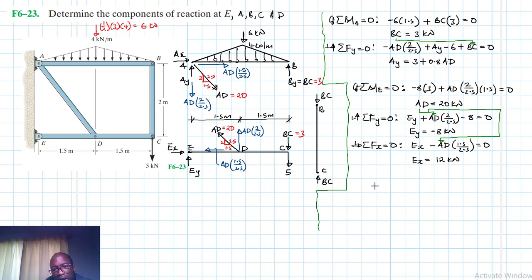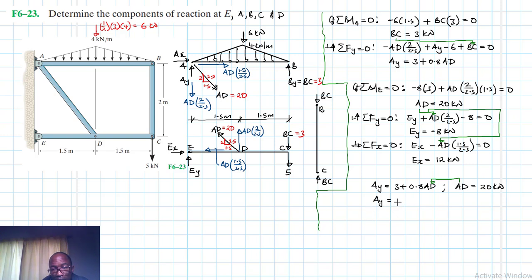Then let's get back to AY. We had said AY is equal to 3 plus 0.8 AD. And we found that our AD is just equal to 20 kilonewtons. So replacing this here, we'll find that our AY is just equal to 3 plus 0.8 by 20.